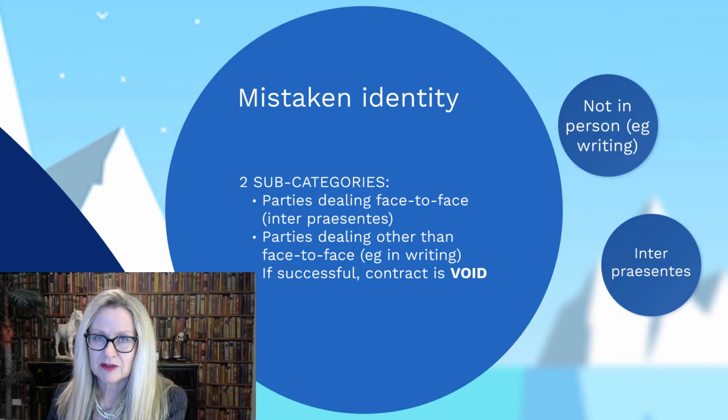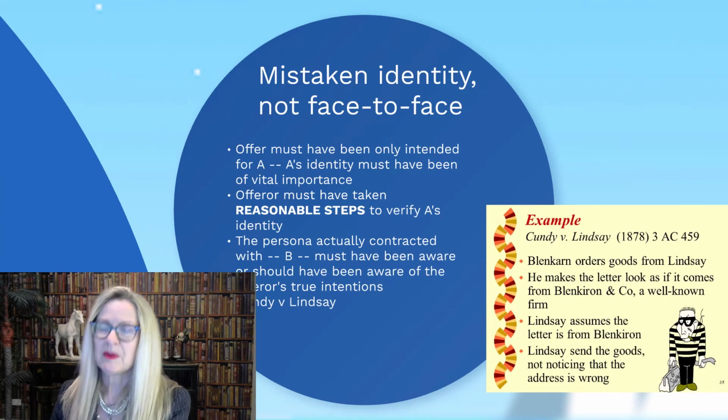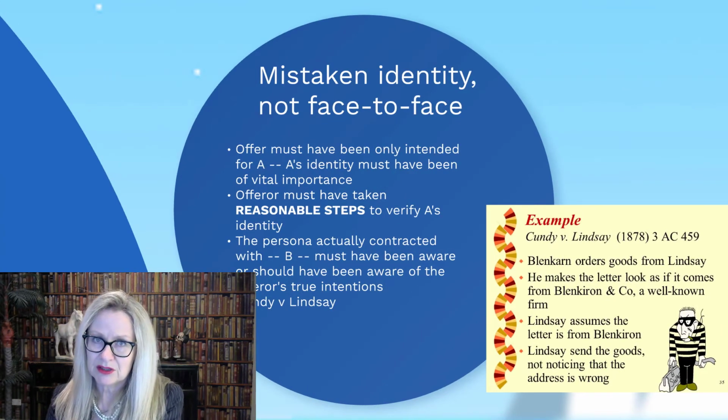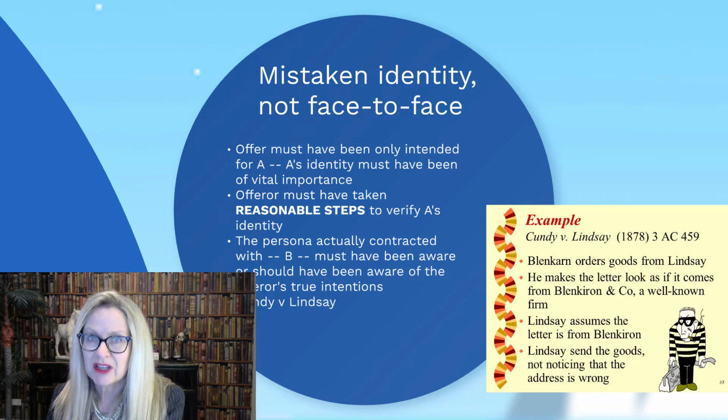Dealing with circumstances where you're not face-to-face first, because that's the easiest. Generally speaking, courts have been a little bit more receptive to arguments here because you haven't got the person right in front of you, so you haven't got that immediacy of checking out whether or not the person is actually the person that you have intended to deal with.